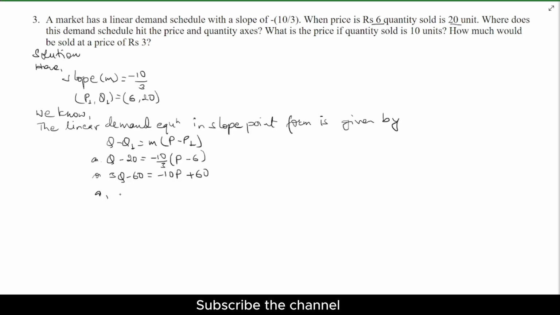Or what you will get? 10P plus 3Q minus 120 equals 0. Or 10P equals minus 3Q plus 120, or P equals minus 3 by 10 Q plus 12.